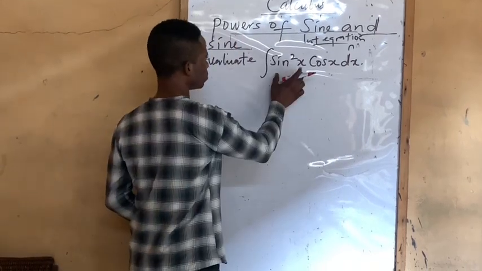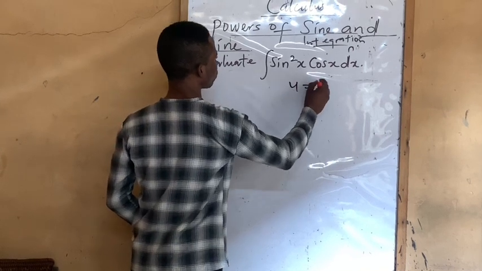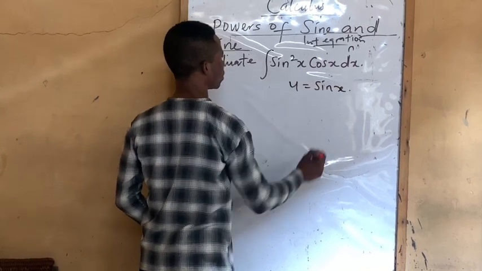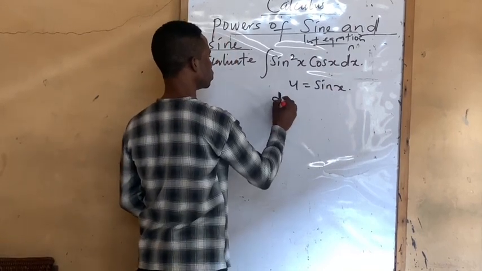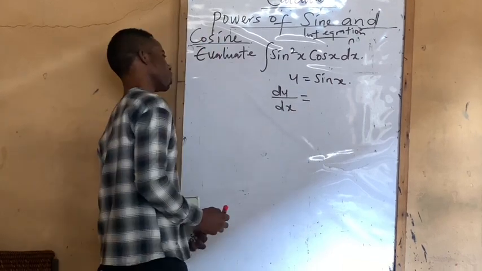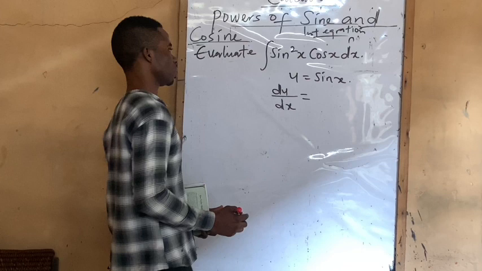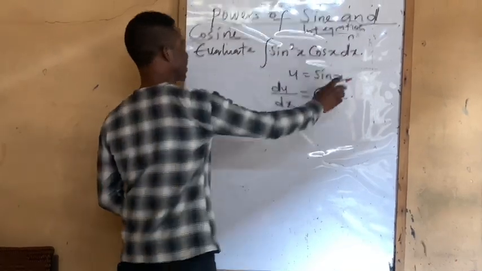Number one, you can just use substitution. Just say u equals sine x. I want to look for dx. What is du over dx? What is differentiation of sine x? That is cos x. Don't forget, I'm looking for dx.